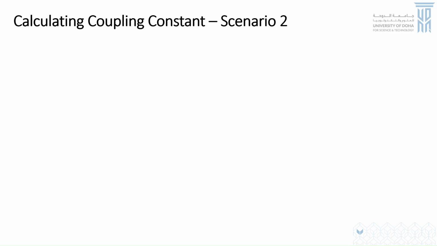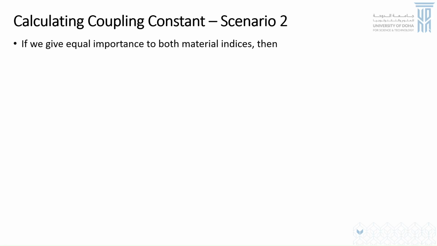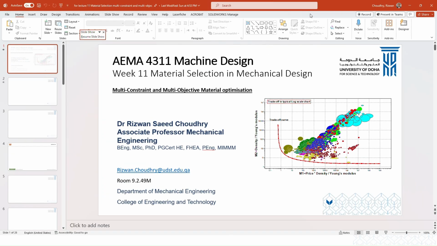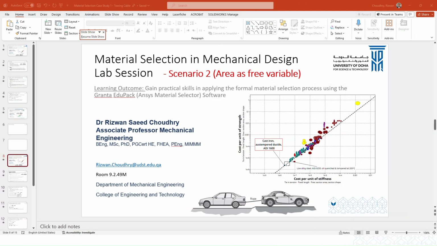So that then takes us to the concept of coupling constant, which again, we discussed in detail in our lecture sections. And in the lecture session, I discussed this with you, and I said, well, we have to decide as a designer which of these constraints is more important for you.